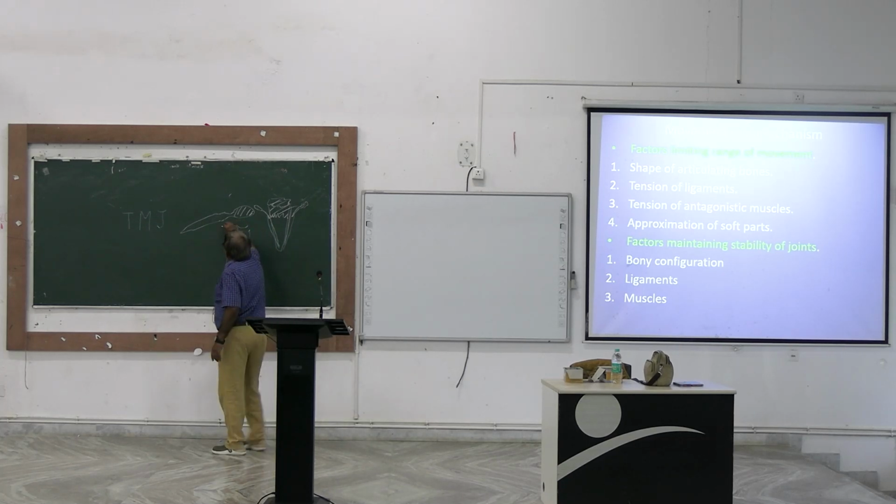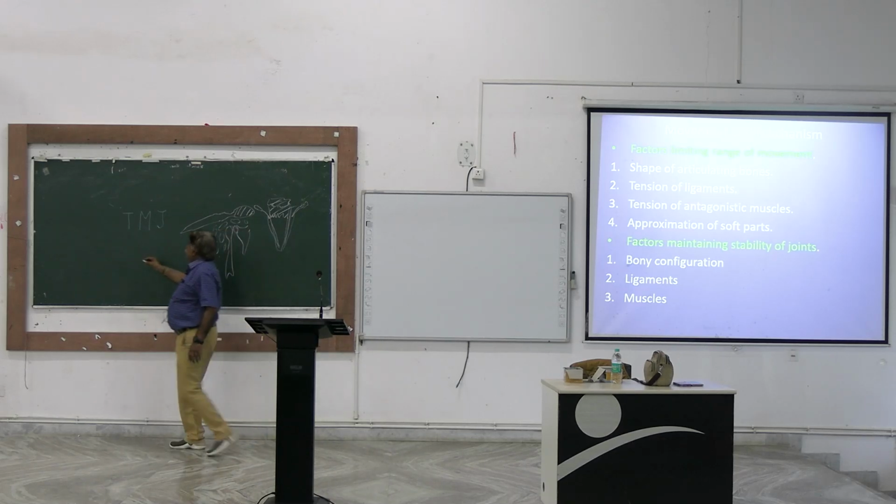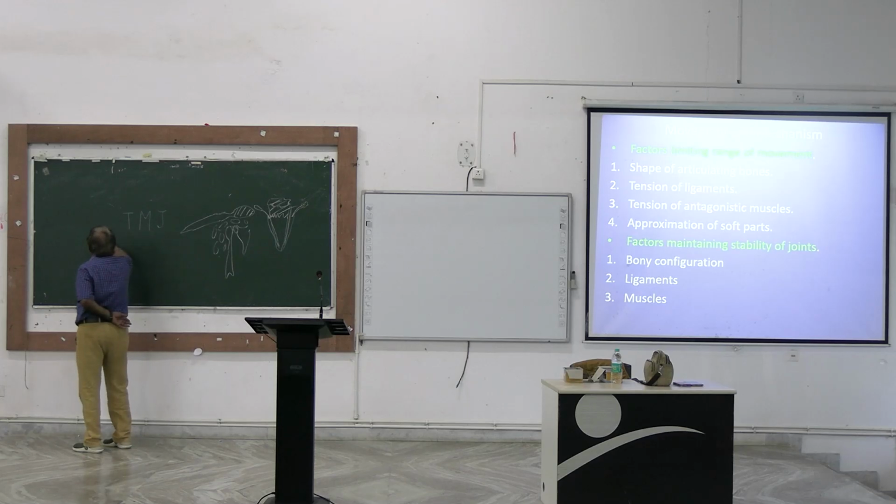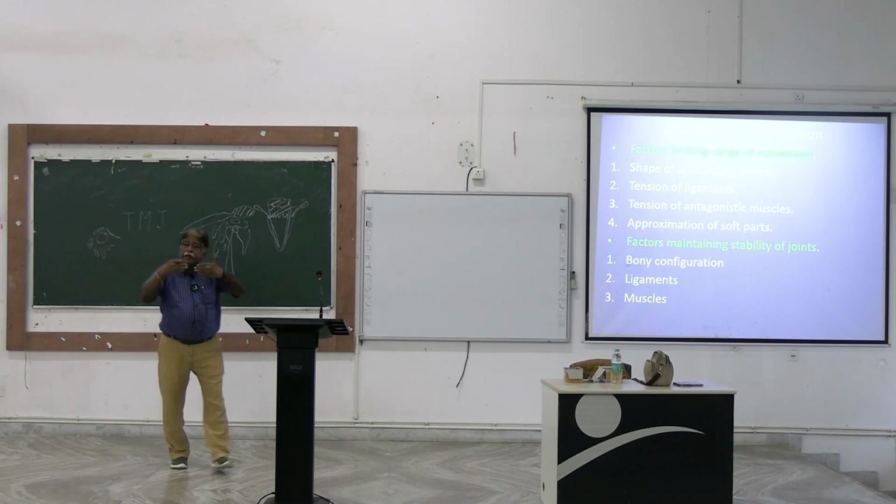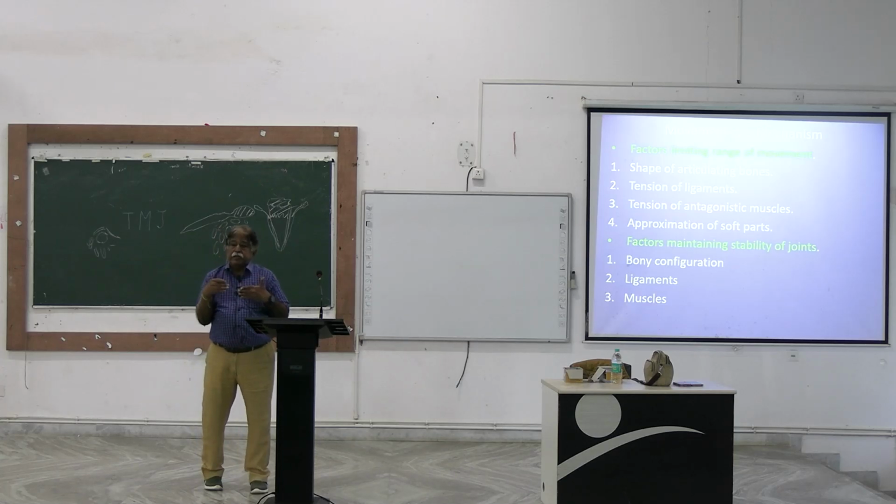Now, there is a picture of a cross section of different muscles which are coming here, interposing here. A similar picture if you see in the hip joint, again your muscles are there. The two are more or less similar.